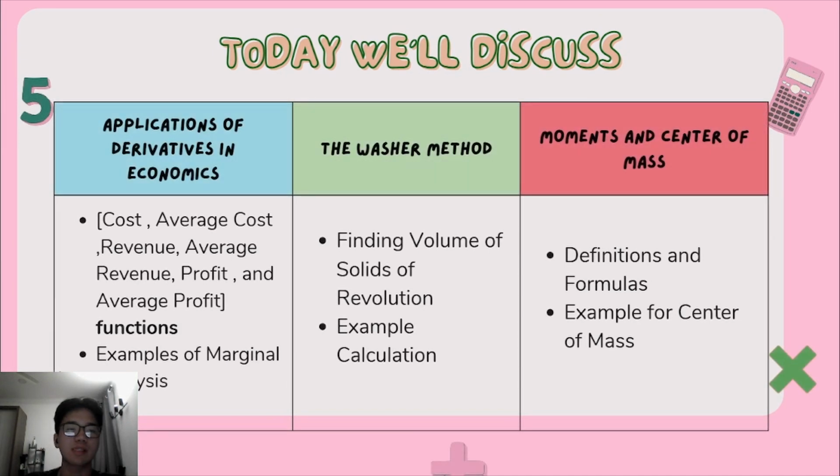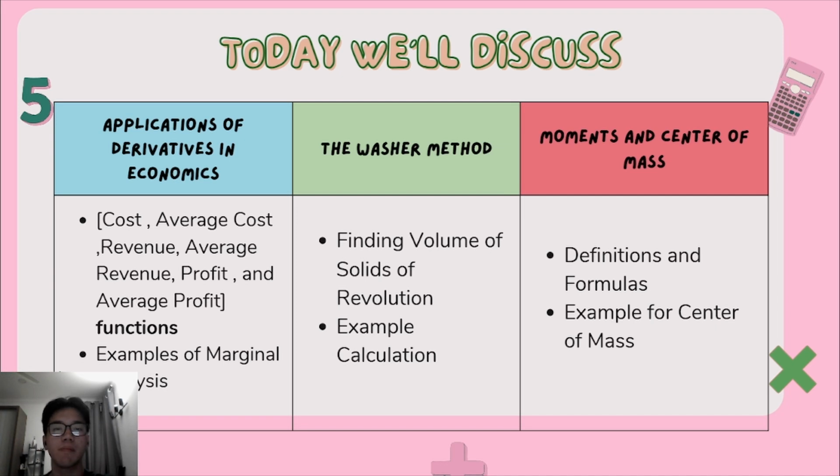Today we're going to discuss, first, the application of derivatives in economics, which covers cost, average cost, revenue, average revenue, profit, and average profit. All of these are functions, and later I'm going to give three examples of marginal analysis.